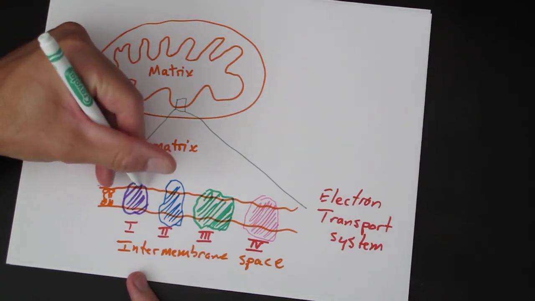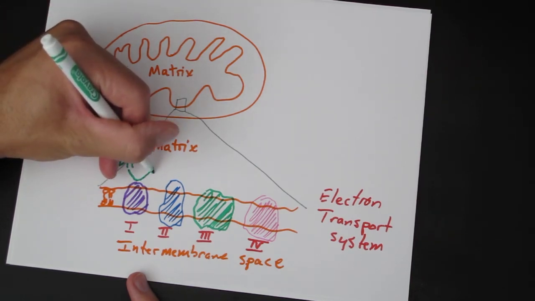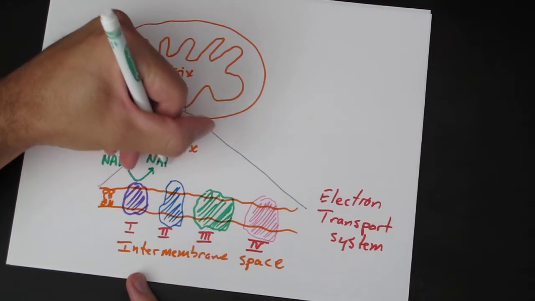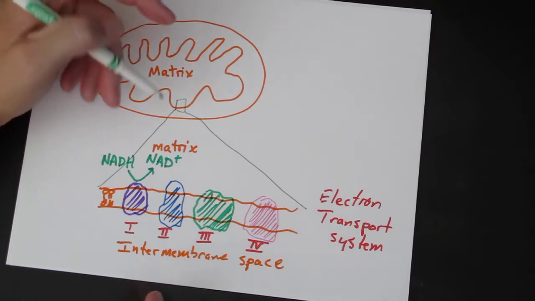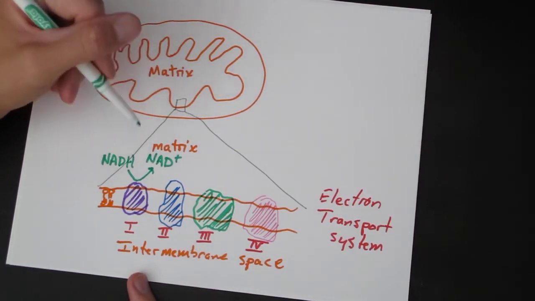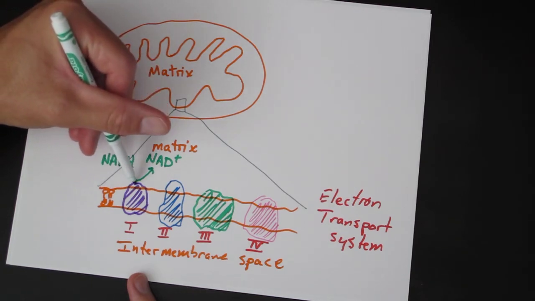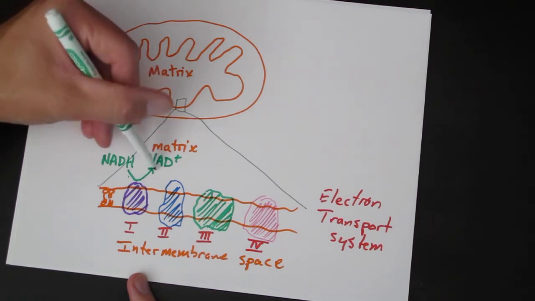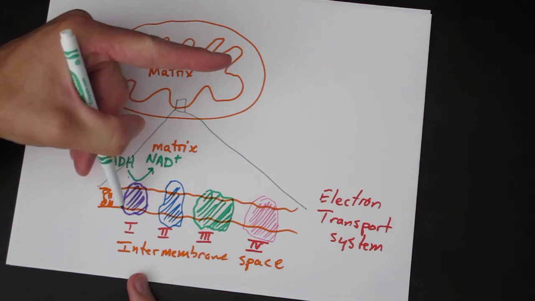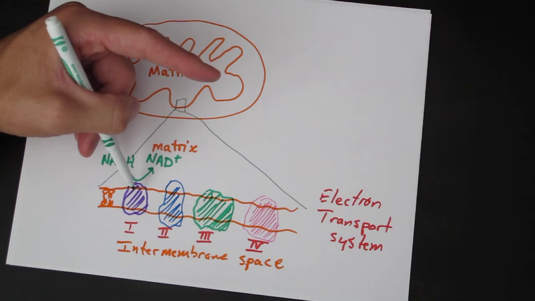When it comes into contact with this enzyme, we're going to see, you guessed it, a redox reaction. Now, instead of reducing NADH, we're going to be oxidizing it. So NADH is oxidized, an electron is removed, and we end up with NAD+ as a result of that. That electron is transferred to complex 1, so complex 1 is now reduced.